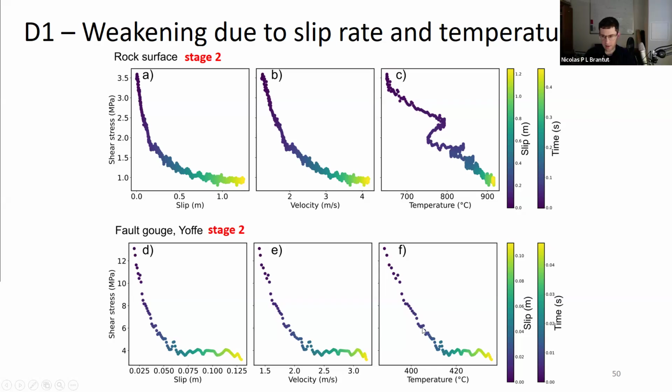But yeah, sorry. I guess what I mean is that if you plot shear stress versus temperature and you tell us that it's temperature weakening, then it means that there's a one-way relationship: if I know the temperature, then I know the stress. So let's take a piece of carbonate gouge at 420 degrees. Should the shear stress be 4 MPa at the normal stress, regardless of the speed or whatever?